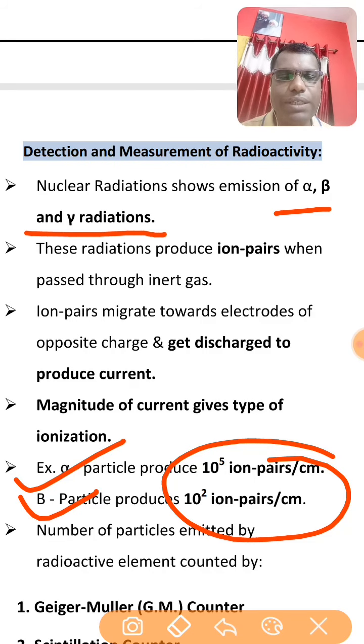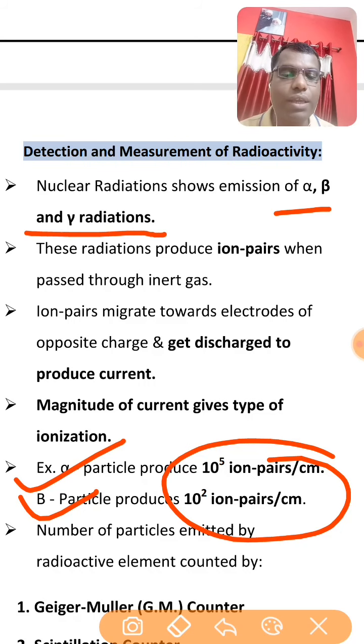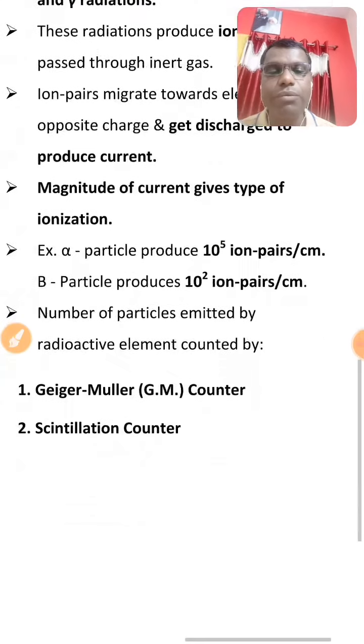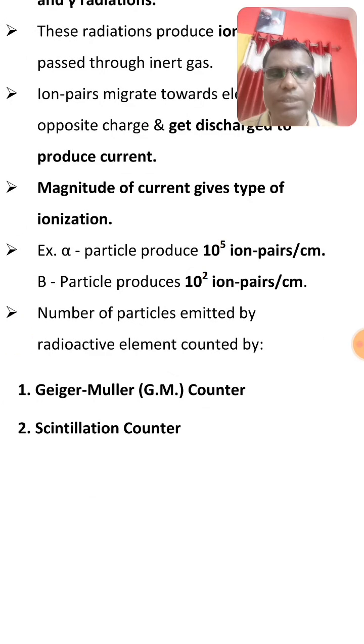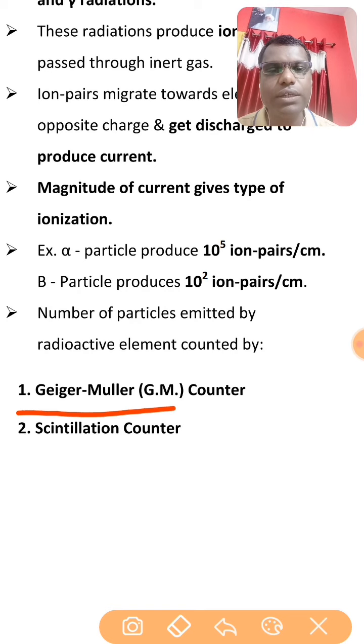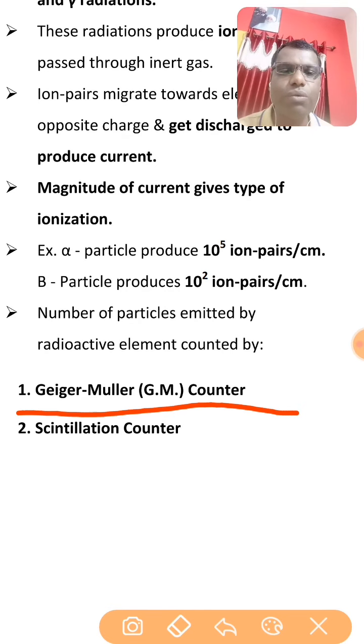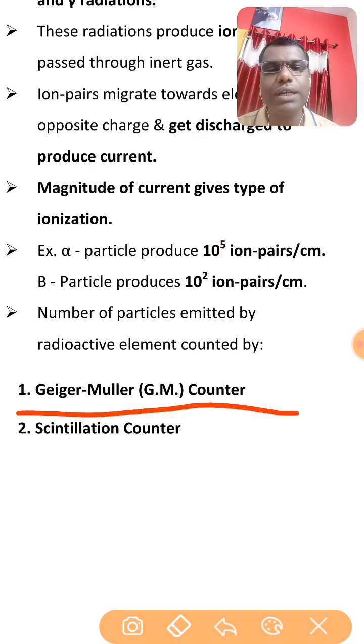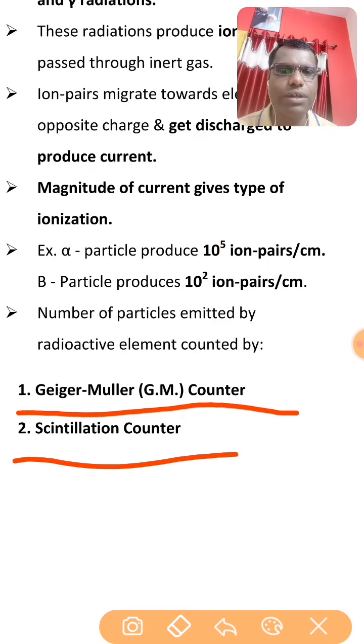Whenever you want to detect or measure the particles or radiations emitted by any radio element, they can be measured with the help of two counters, two devices. One is called the Geiger-Müller counter, in short the GM counter. The second one is called the scintillation counter.